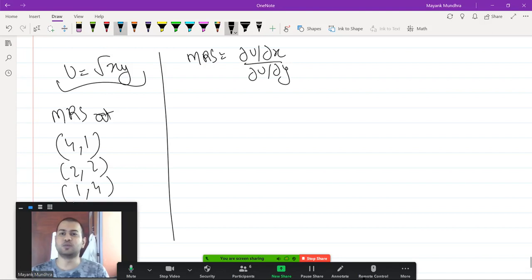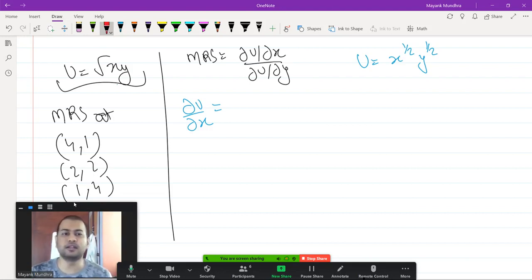Now what is del u by del x? Del u by del x is partial differentiation of u with respect to x. That is, you differentiate u with respect to x while keeping y constant. Okay. So this function can be written as utility equals x to power half into y to power half.